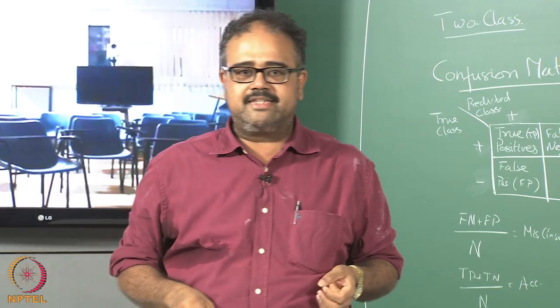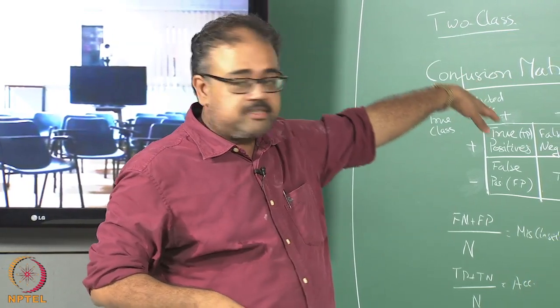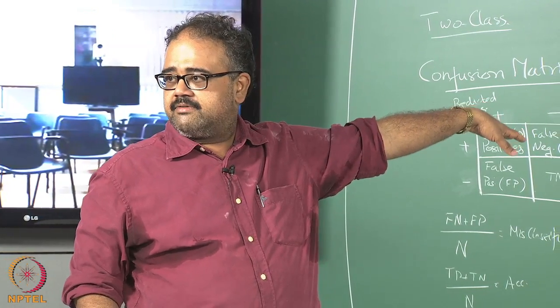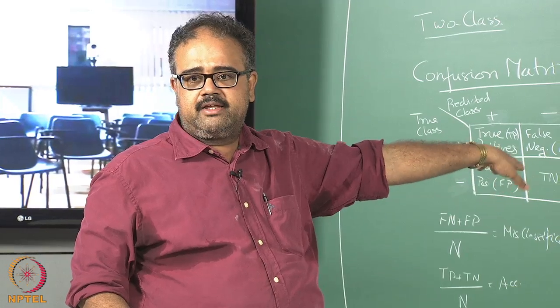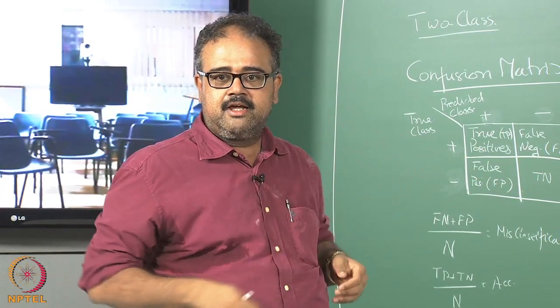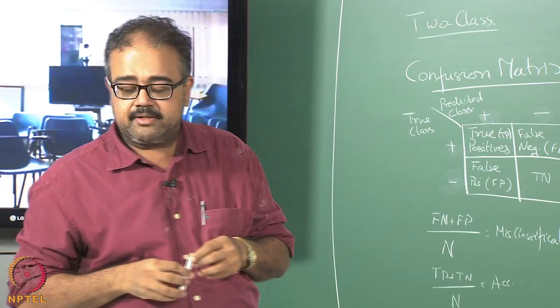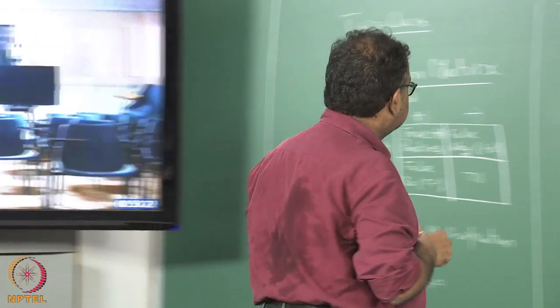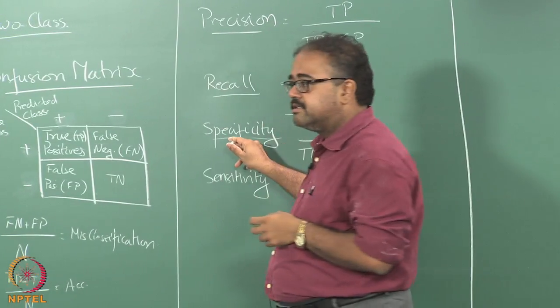Sensitivity is true positive by true positive plus false positive, and specificity is true negative by true negative plus false negative. It looks at the other things that you leave out here. This is specificity. That's sensitivity.